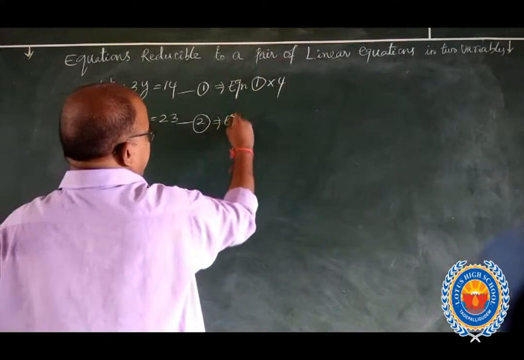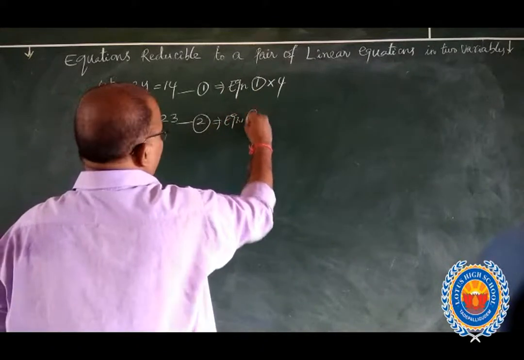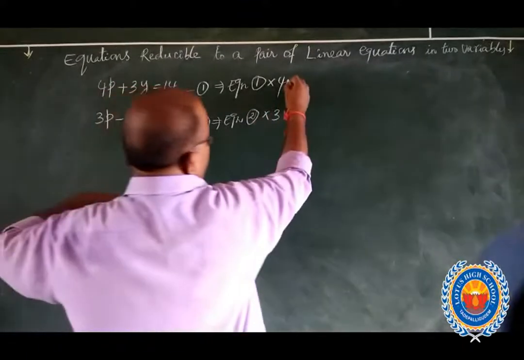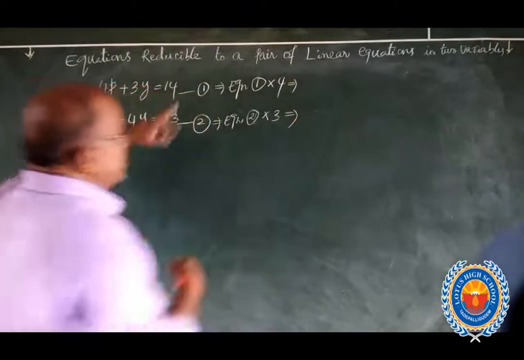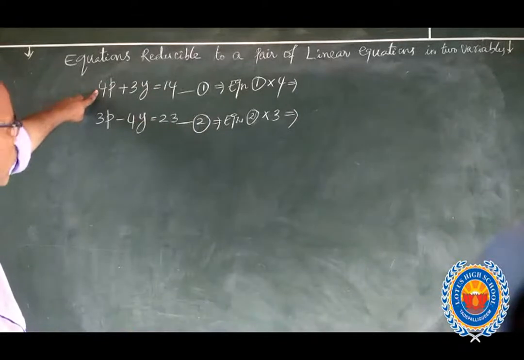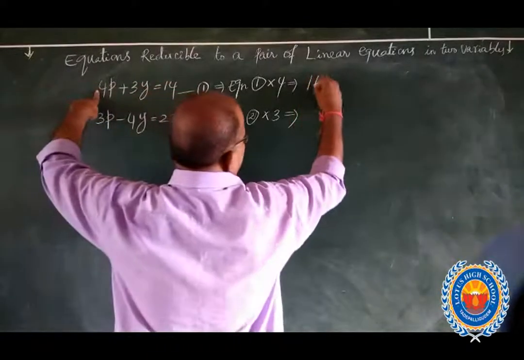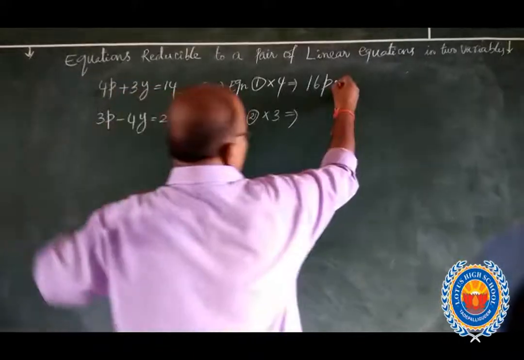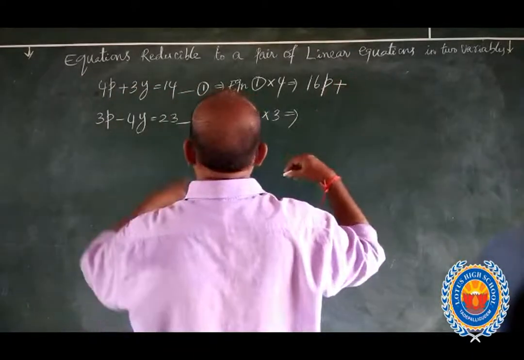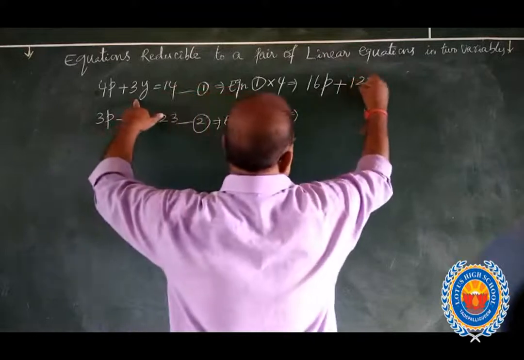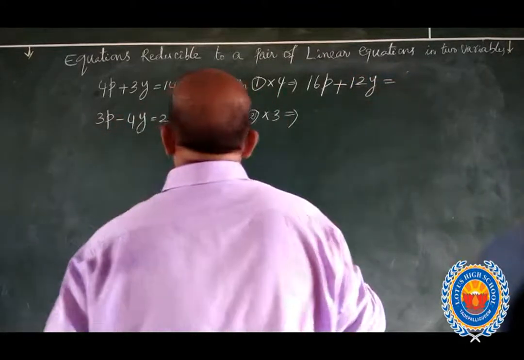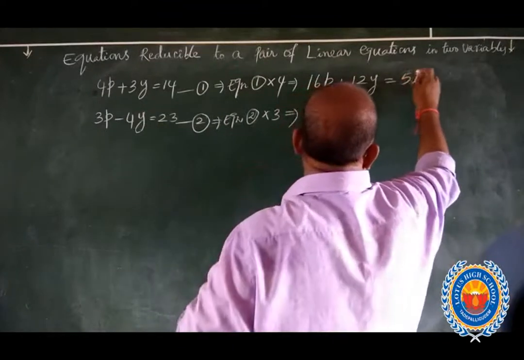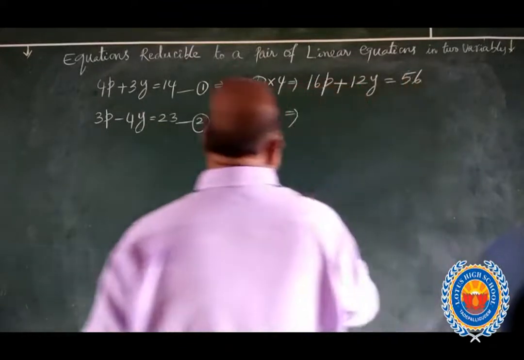Equation 2 into 3. Carefully you see. Equation 1 into 4. 4 fours are 16p plus 4 into 3, 12y is equal to 14 into 4, 56.